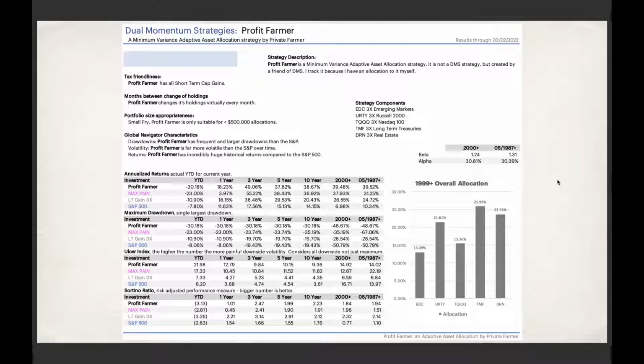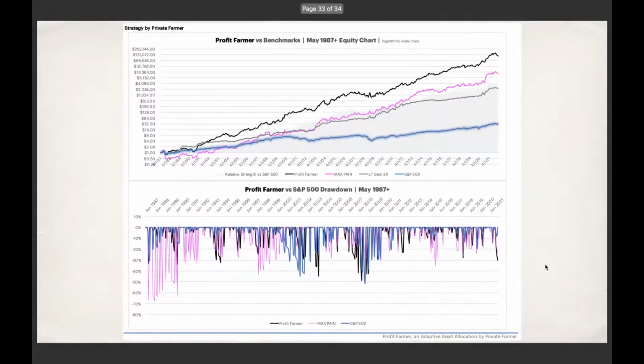It handily eclipses Max Payne's performance of 31% over that same time period. And in the next group down, the max drawdown, it's 49% for Profit and 67 for Max Payne. You can see the Ulcer Indexes, they're high, but it's a little worse, obviously, for Max Payne.